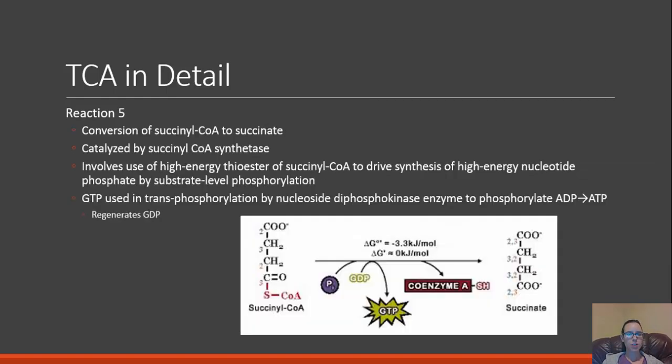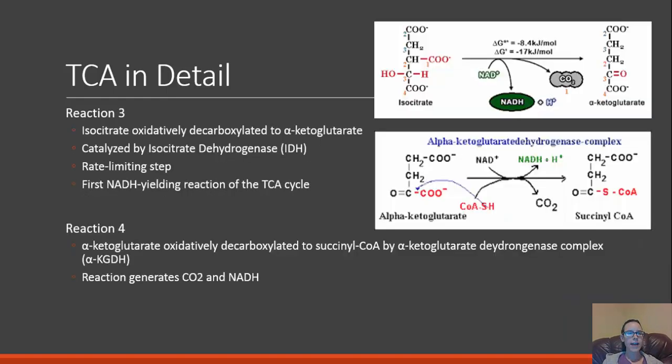Next we have reaction 3, in which isocitrate is decarboxylated to alpha ketoglutarate. Remember, a carboxyl group is a COOH. So we're losing a COOH here in order to produce alpha ketoglutarate.